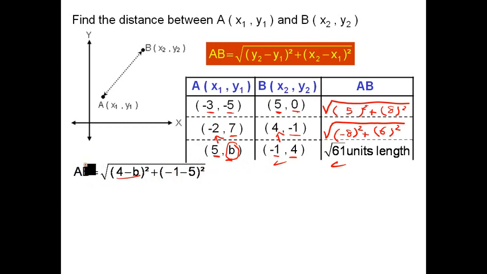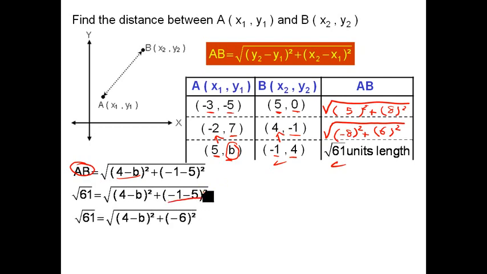But we already know AB, which is root 61. Use your calculator to find negative 1 minus 5. Okay, it's negative 6. Can you make negative 6 power 2, please? Thank you. It's 36. Now, what should we do?